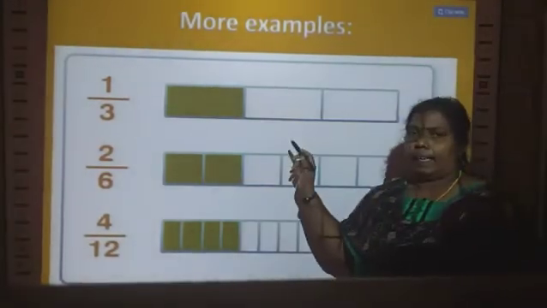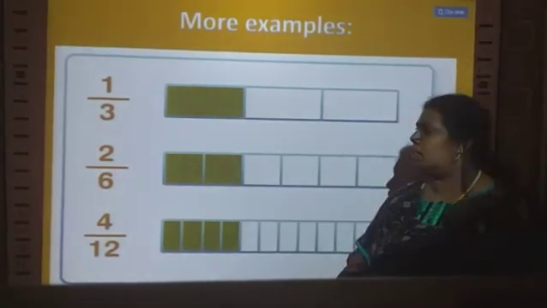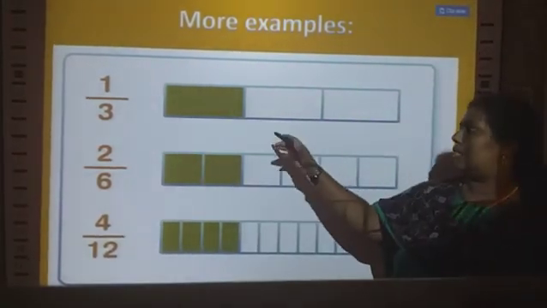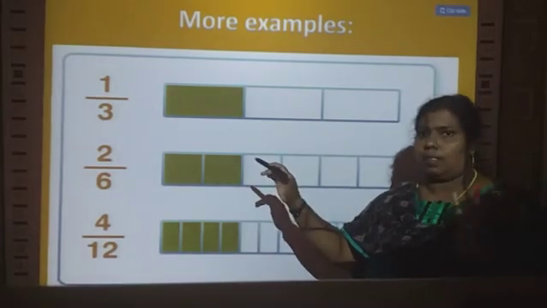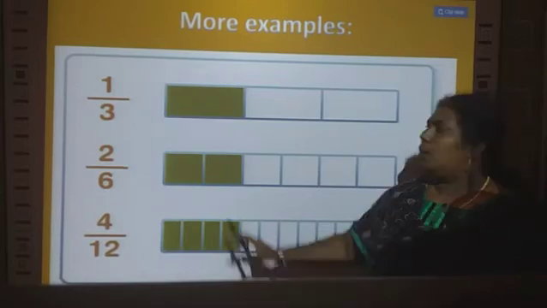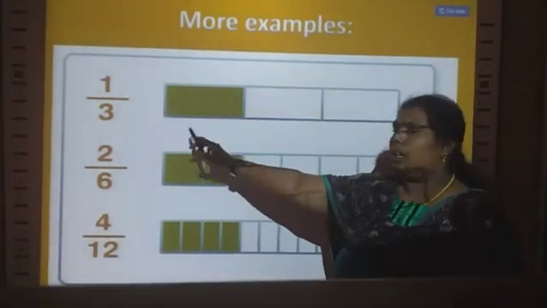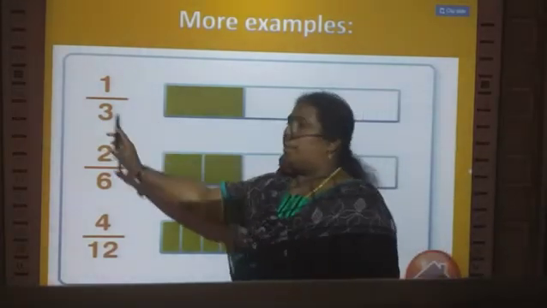See the rectangle shape. It is divided into how many parts? 3 parts, so the total number of parts is 3. How much is shaded? Only 1, equally divided, so 1 part is shaded. That's why here it is 1 by 3.